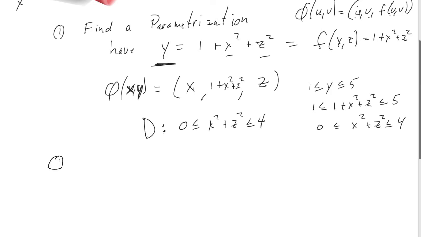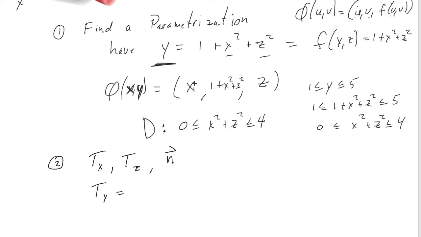Okay, next we're going to compute the tangents. So we're going to have in the x direction, we're going to have the z direction, and then we'll calculate the normal from there.